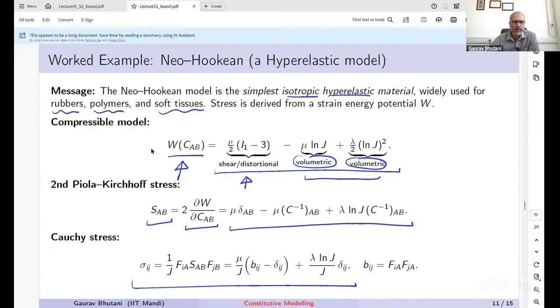And with a similar approach, if you have a W available, then we can get PK2, the stress, by taking the derivative of W with respect to C_AB, the individual components of the right Cauchy-Green deformation tensor C. And then we can get the Cauchy stress tensor using the relationship between PK2 and sigma. Now, there was again a question here.